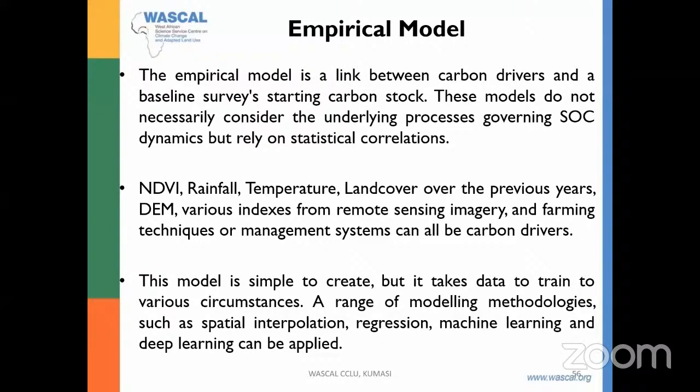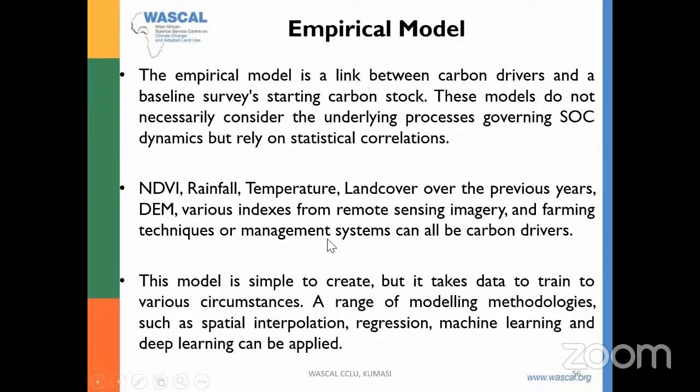Some of the environmental variables can be NDVI, rainfall, temperature, and land cover over some period of years. The digital elevation or topography can also be included, and various indices from remote sensing products. Farming techniques or measurements can also be drivers of this carbon, so they can also be incorporated.